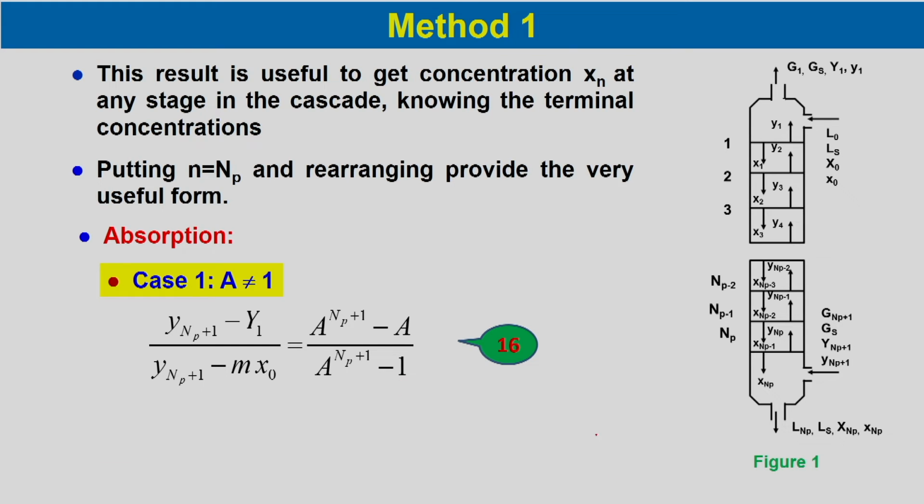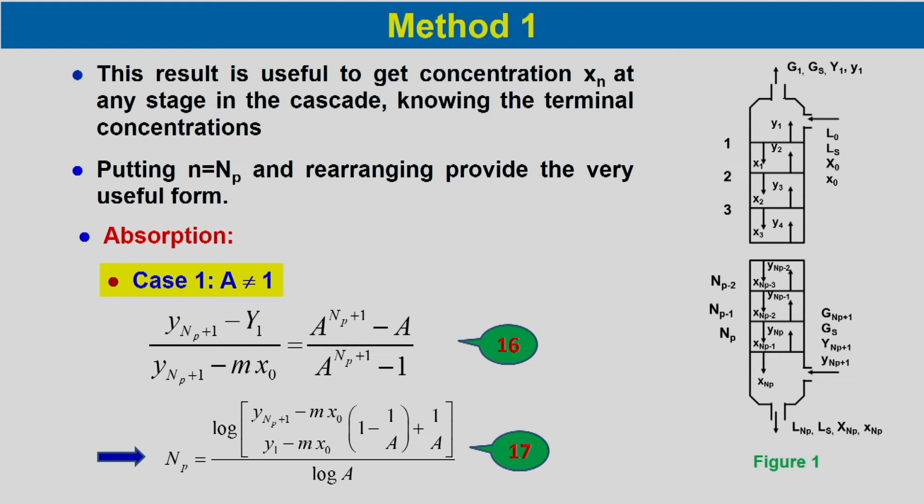Now, if we take the log from both sides and rearrange, we will get n p equal to log of [(y n p plus 1 minus m x naught) divided by (y 1 minus m x naught) whole into (1 minus 1 by a) plus 1 by a] divided by log a.